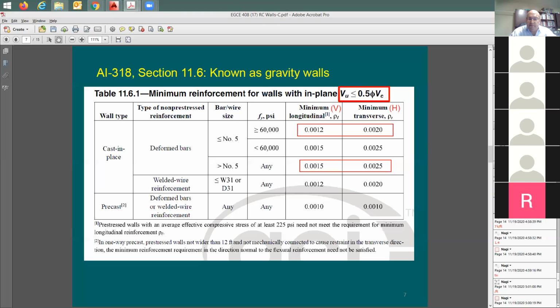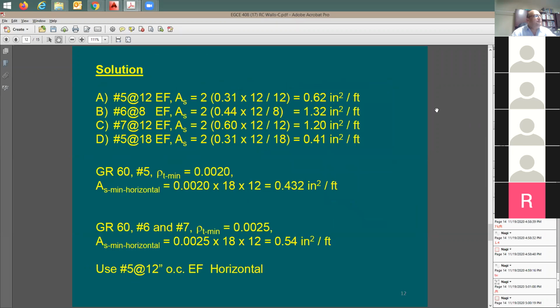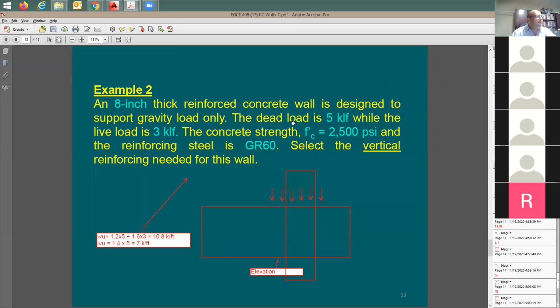So when we do the calculation, let's say we get the capacity to be greater than 50%. Do you mean for the last example we did earlier, the check for the shear? If you recall, they give you your dead load and live load.